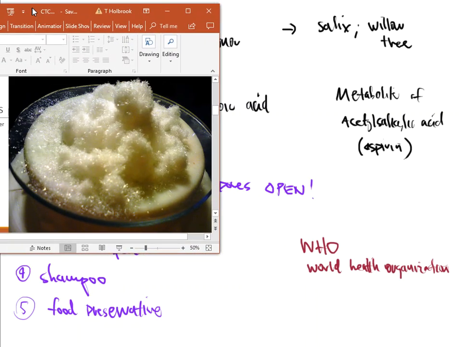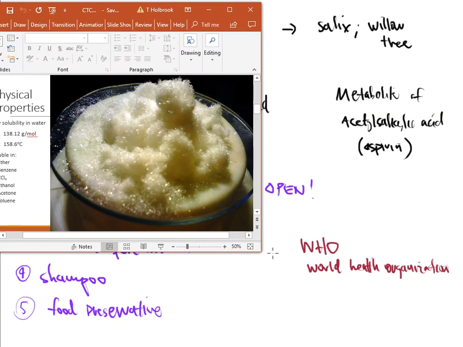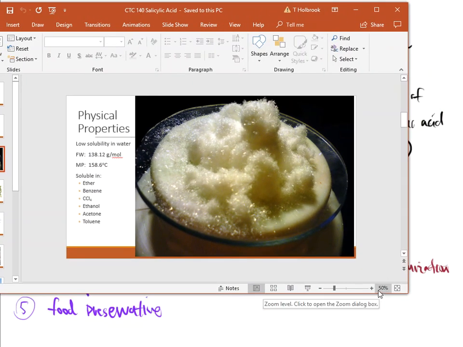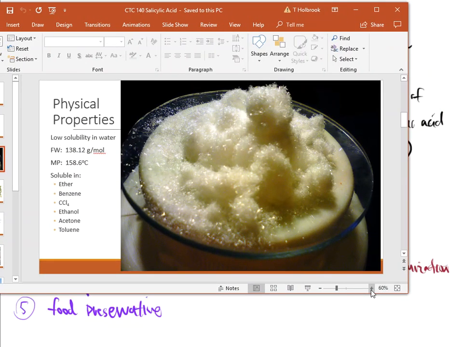All right, so here's a picture of salicylic acid. I'm just going to drag this over a little bit and enlarge it. Salicylic acid in its purest form is going to be a whitish to yellowish crystal, and the crystals are very shiny, very long, they look like needles, or at least they should, and it has very low solubility in water.